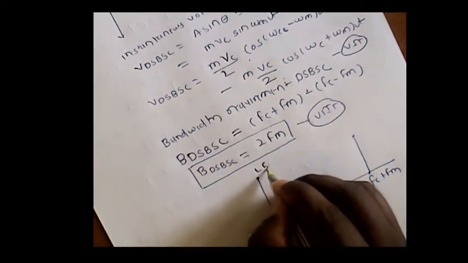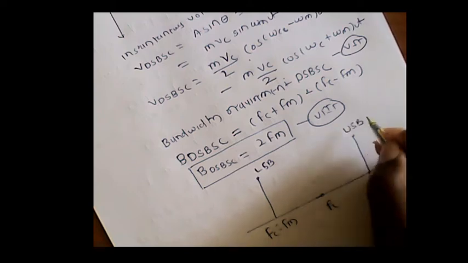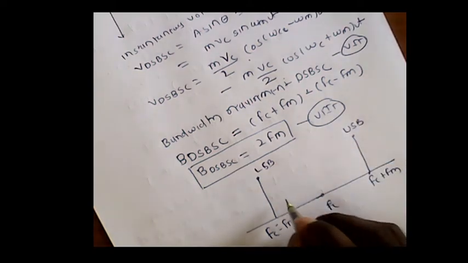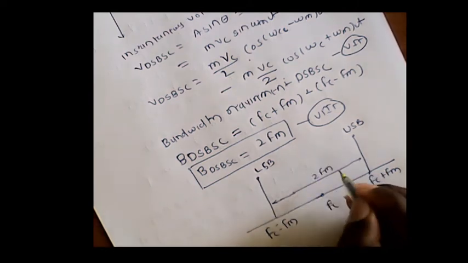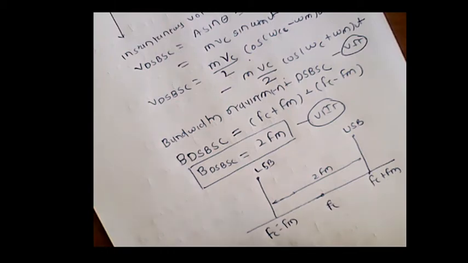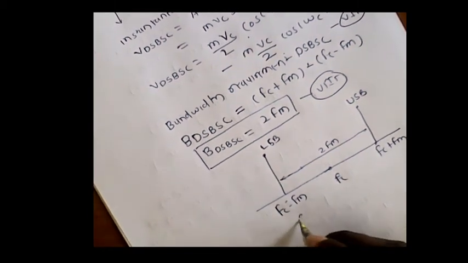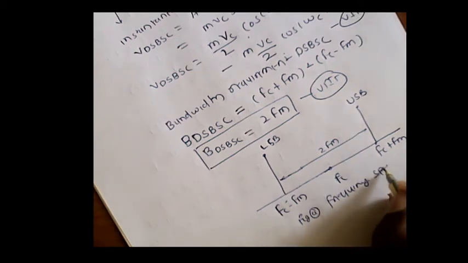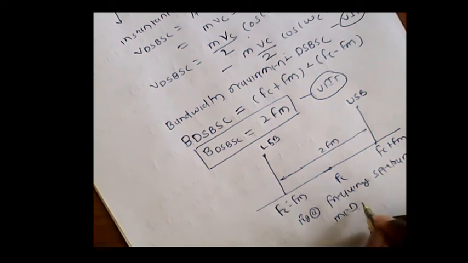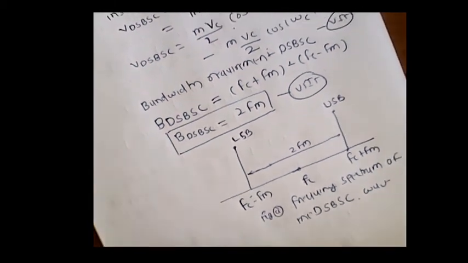This is the lower sideband component, this is the upper sideband component, and these two frequencies are separated by twice fm. So this is figure A, the frequency spectrum of DSB-SC waves, with the two components separated by twice fm.